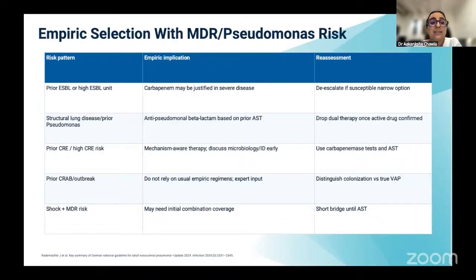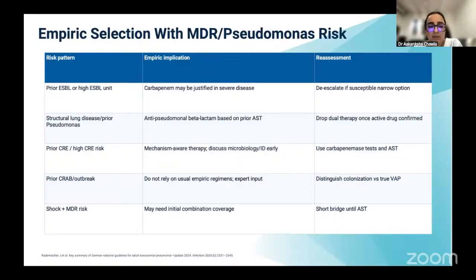And how would your empiric selection look in patients with MDR and Pseudomonas risk? So prior ESBL or high ESBL unit, a carbapenem may be justified in severe disease. Structural lung disease, like I said, there is an increased risk of Pseudomonas, or history of prior Pseudomonas isolation, then an anti-Pseudomonal beta-lactam based on prior AST. Then prior CRE or high CRE risk, so mechanism-aware therapy, use carbapenemase tests and AST.